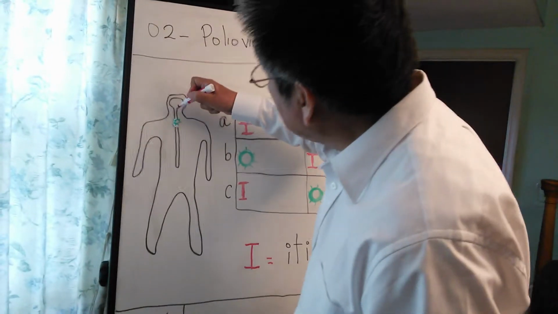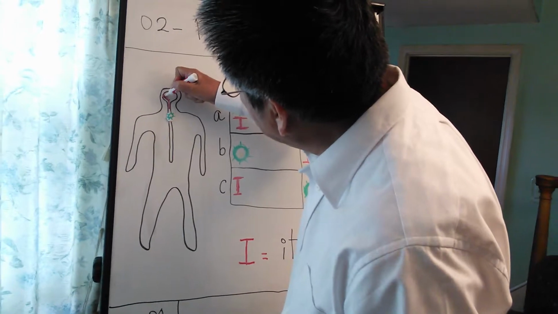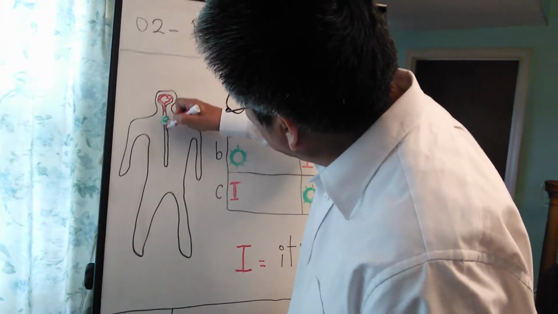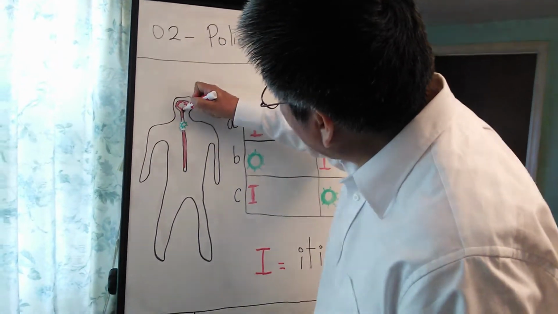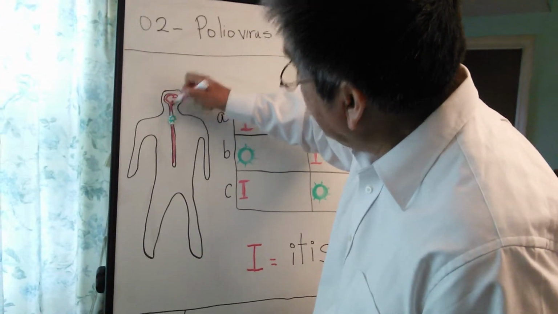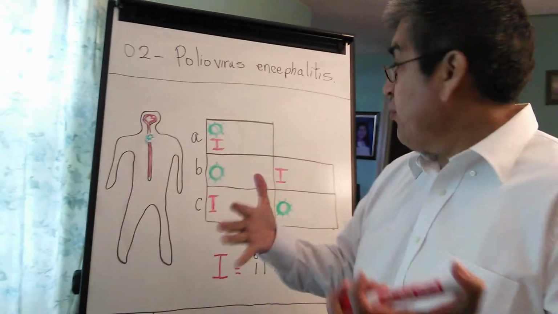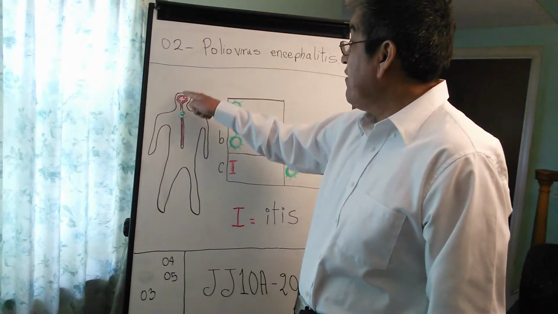Then all this becomes inflamed. Because of the virus, all this is red now, so it's inflamed. It's sick. It has a disease. Those are the diseases that we are studying. So you have to keep in mind that there's a virus and there's an inflammation.